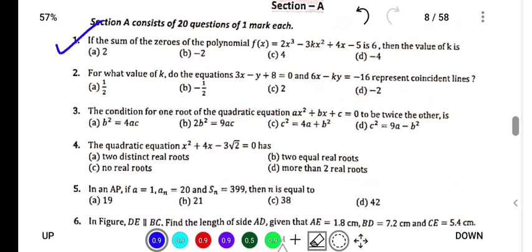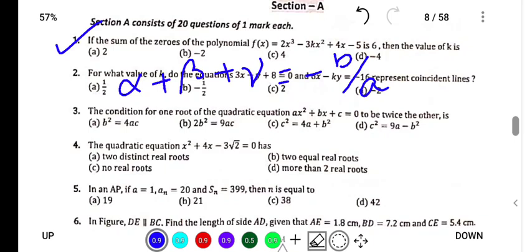It is a cubic polynomial. So what is the formula? Cubic means it depends on the degree: if 3 degree, obviously 3 roots will be there. So alpha plus beta plus gamma is equal to minus b upon a. If you take the product of two roots in pairs, alpha beta, beta gamma, and gamma alpha, it is equal to c by a.